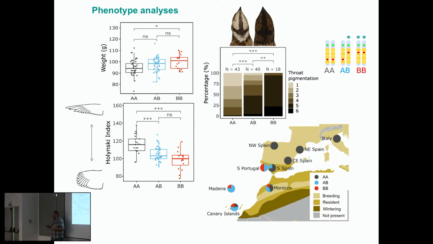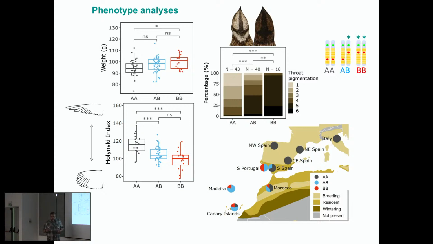We see that there are significant differences in weight. Individuals with the inversion, these red ones, are heavier. In the same population, here in Sanlúcar, we can have individuals of both types mating, having litters together, but there is a significant difference in the weight of the two types. And the heterozygotes, heterokaryotypes to be correct, are somewhere in between.